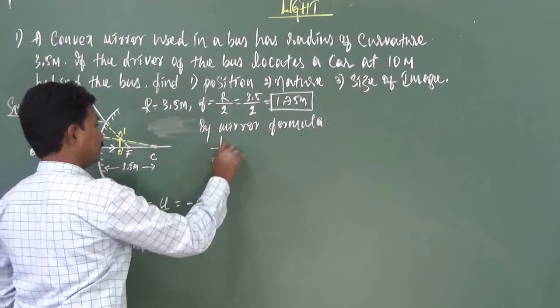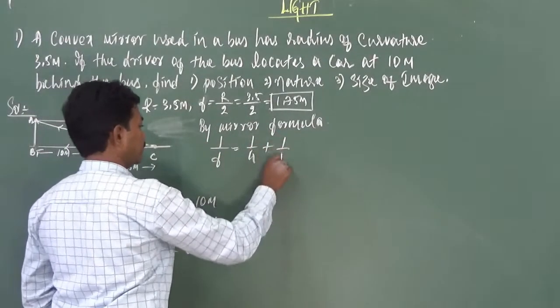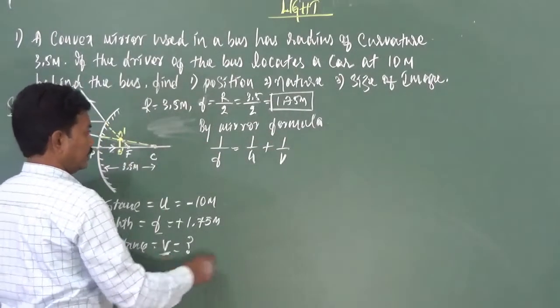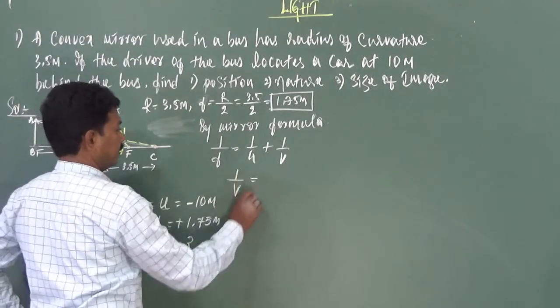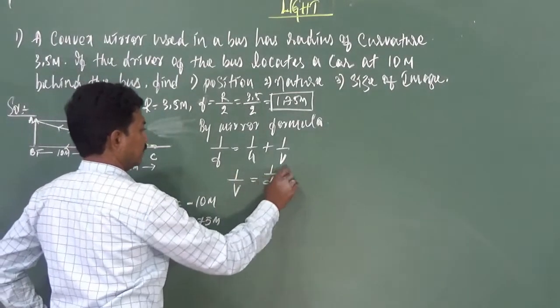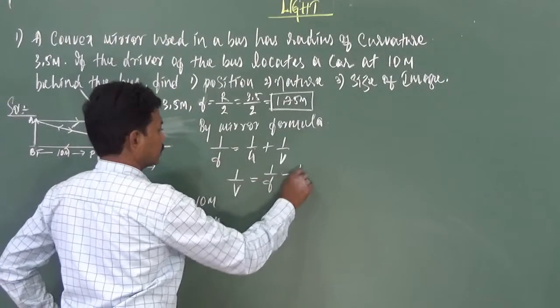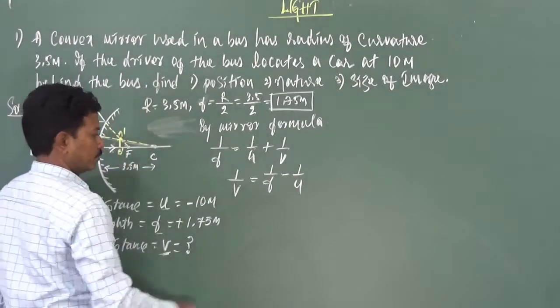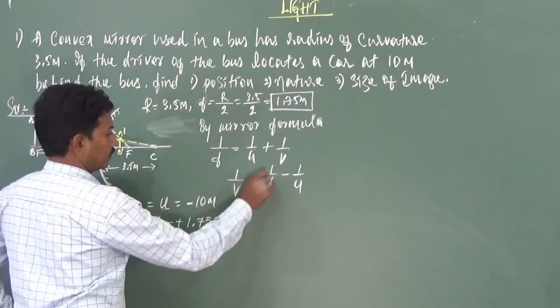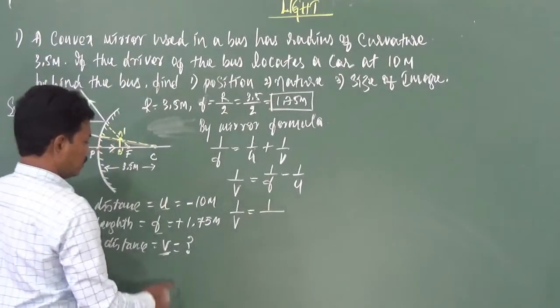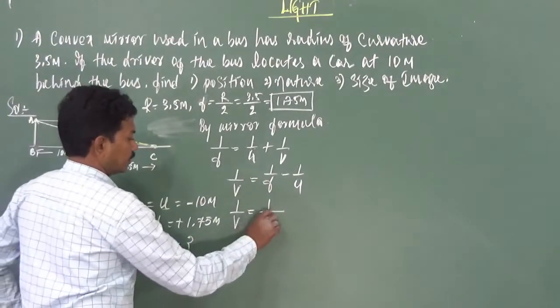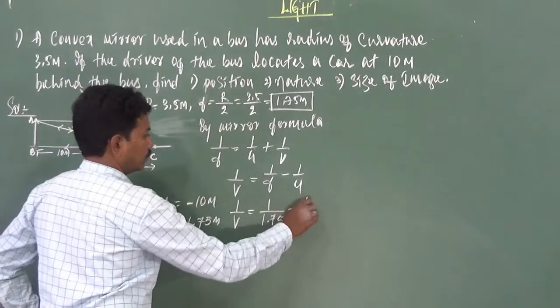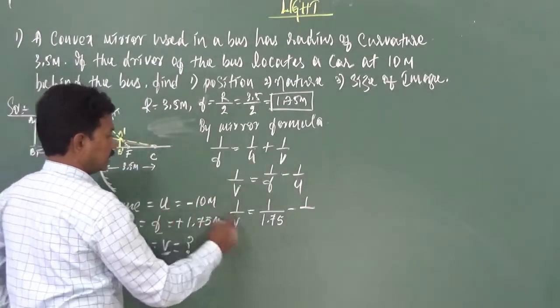By mirror formula, 1 by F is equal to 1 by U plus 1 by V. We have to find out V, so we will make 1 by V the subject. So 1 by F, plus 1 by U gets transposed, that is minus 1 by U. So 1 by V is equal to 1 by F, which is 1.75, minus 1 by U. U is minus 10.